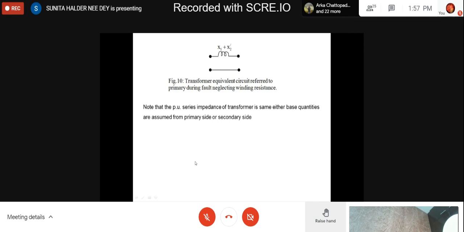For a transmission line, the most accurate representation is the equivalent pi model.